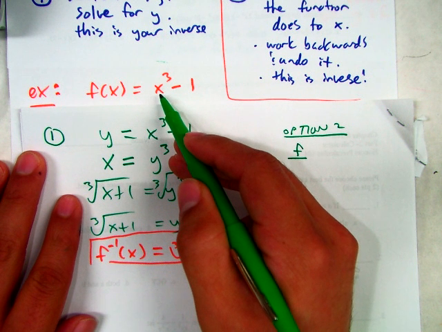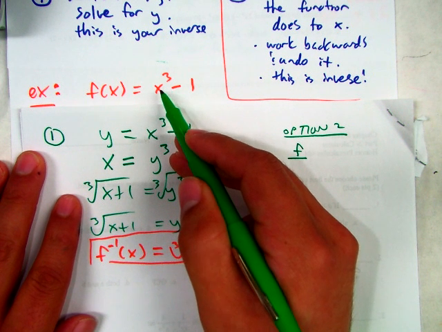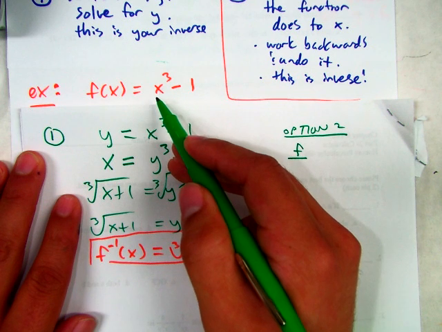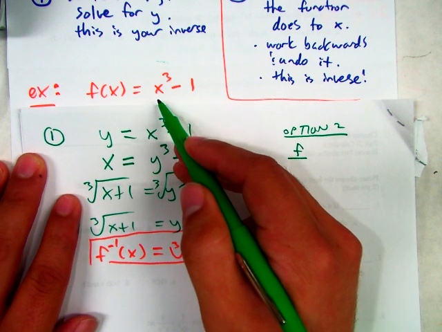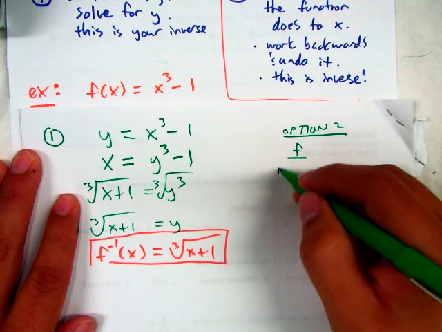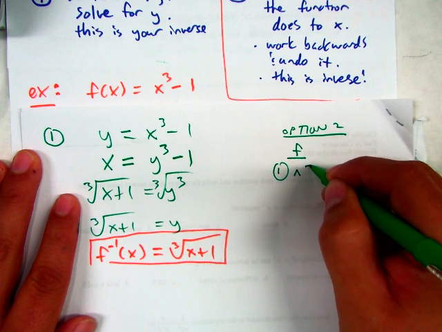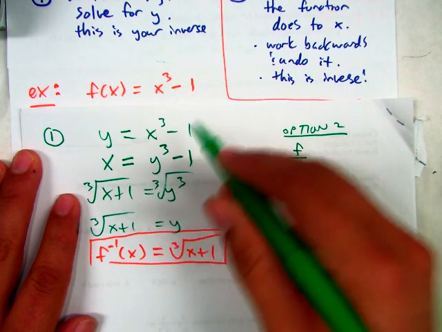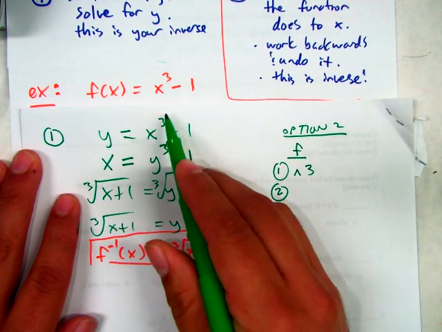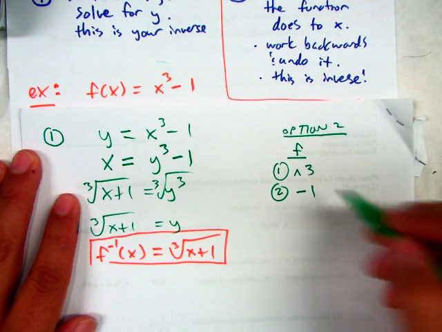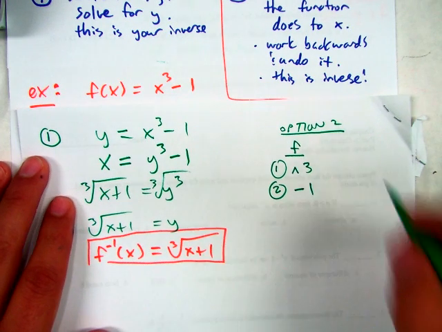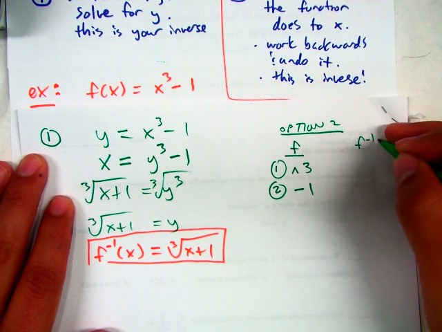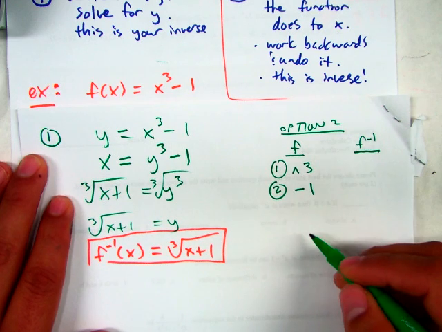If I were to plug in a number into x, what do I do to figure it out? First, you cube it. So I'm going to do to the third power. After you cube that number, what's the last thing you do? You subtract 1.